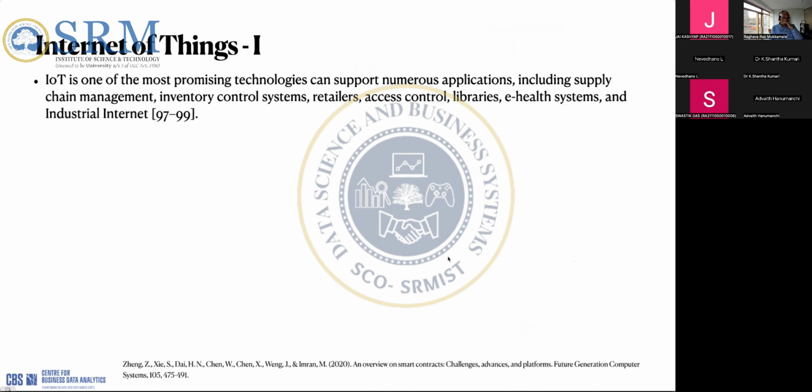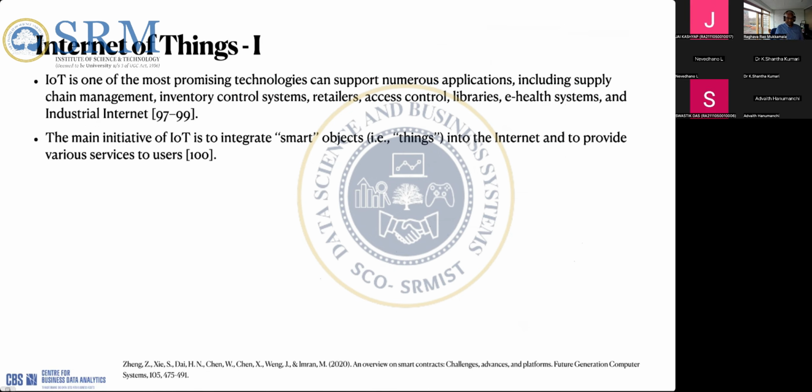So let's look into the Internet of Things. Nowadays, many Internet of Things devices and sensors are in use, especially in health systems. For example, when you go to a doctor or go through an operation, there are many sensors reading various parameters from your body, right?